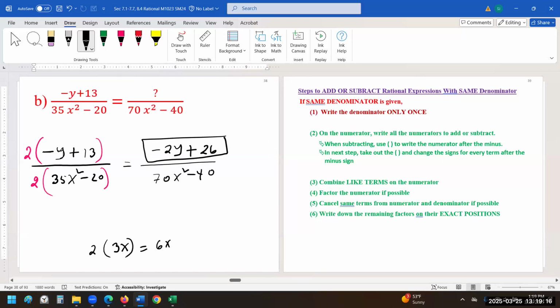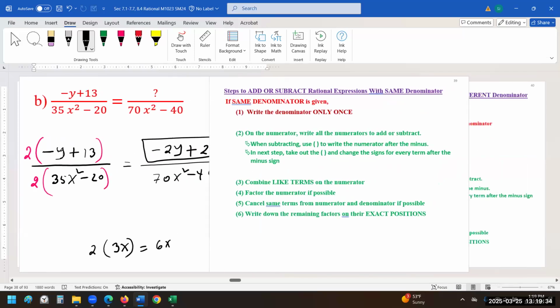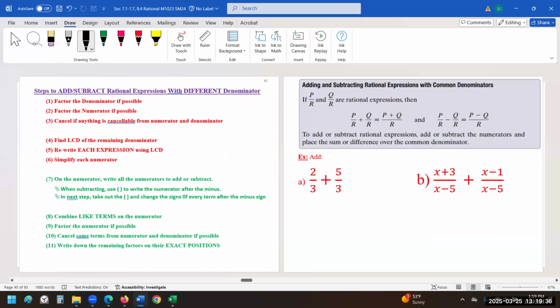Okay, since you understood equivalent expressions, that means you're ready to do some math. Can I change my slide? Okay. Now ignore all the details here, and let's come here.